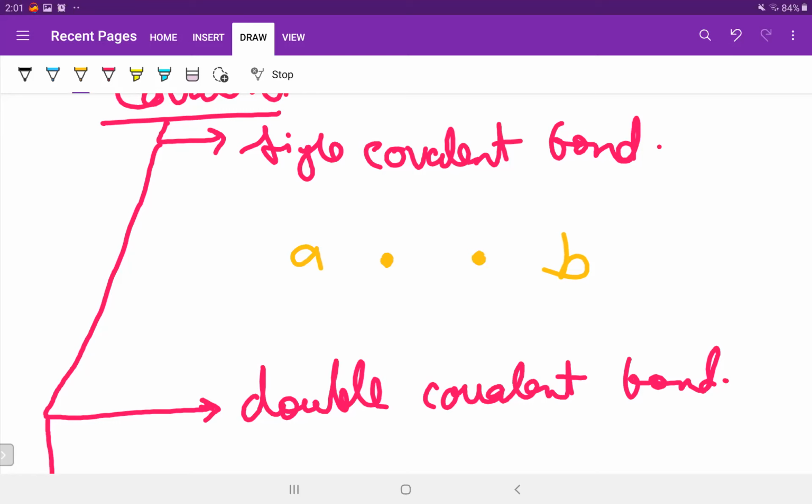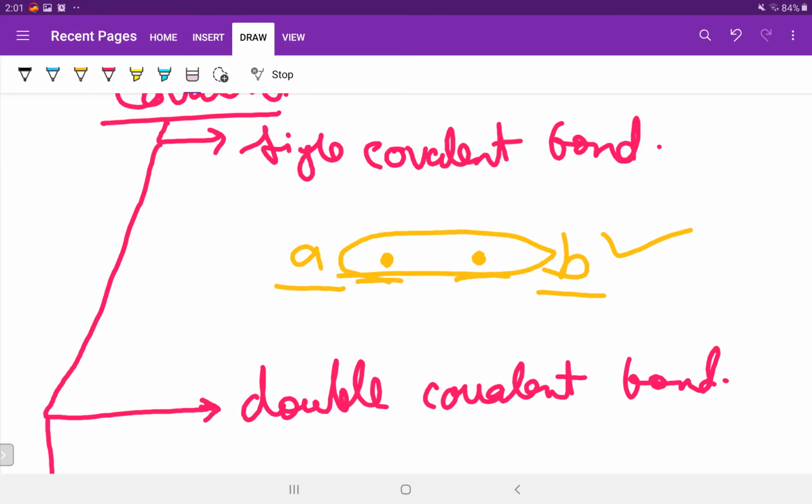He is saying let's become stable, let's become friends. I will give you my electron, but he is not giving his electron. And B is also very clever, he is also saying that I'll give you my electron, but he is not actually giving it. They both are fooling each other. They are saying that I've given it to you, we are stable now, and they are actually stable by sharing.